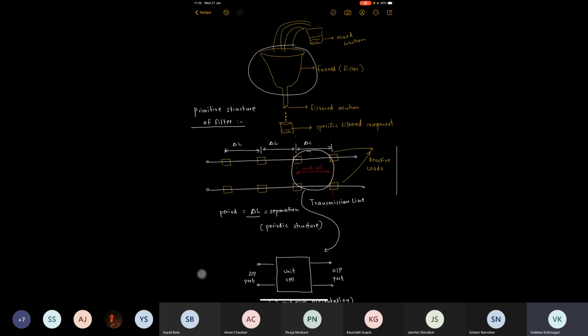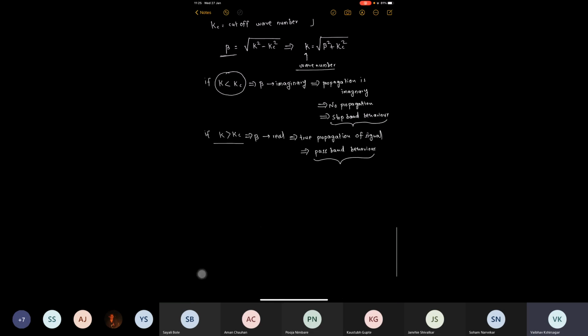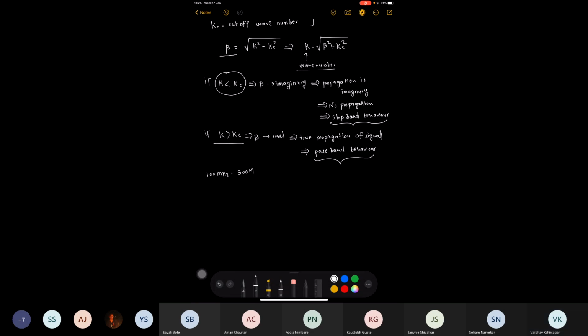Okay. And typically the microwave or RF frequency filters that we are going to design have a frequency range starting from say 100 megahertz to 300 megahertz and up to a few gigahertz also.